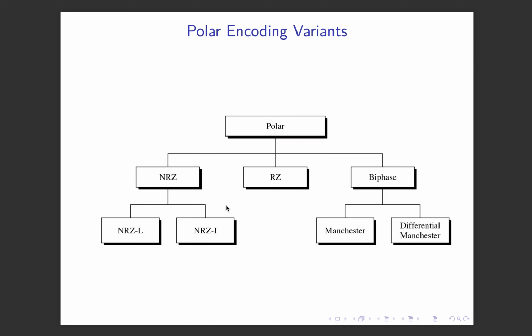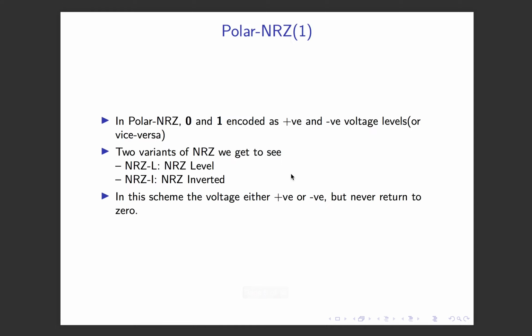So these are the variants. In this talk we are going to cover NRZ-L and NRZ-I, where NRZ-L stands for NRZ level and NRZ-I stands for NRZ inverted, and the RZ scheme. In Polar-NRZ, we have already discussed that we represent binary 0 and 1 as positive or negative voltage, or vice versa.